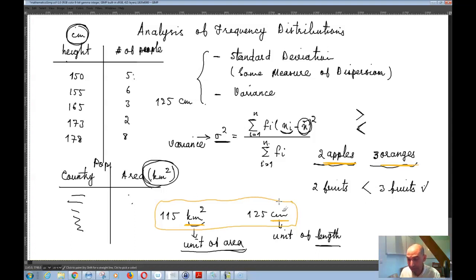You cannot decide. So what you need is a way to get rid of these units so that the only thing that remains is the magnitude of the number, the scalar part of the number, so that then you can compare them and decide in which case the dispersion is more.